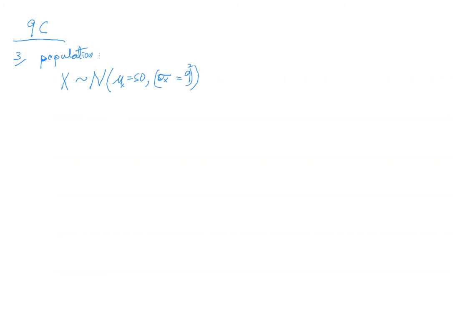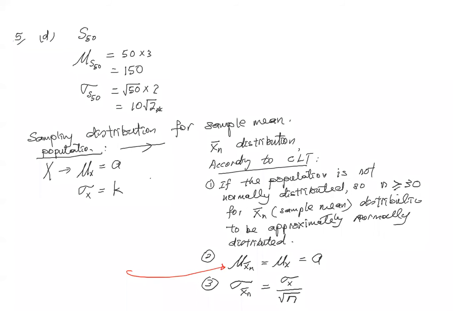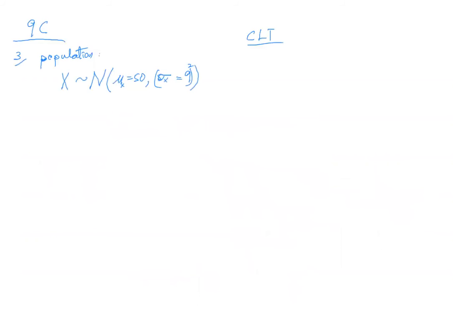So be very careful. Just now we said CLT, correct? If the population is not normally distributed, then n must be greater than 30. This is only for not normally distributed. Here, the population is normally distributed, correct?